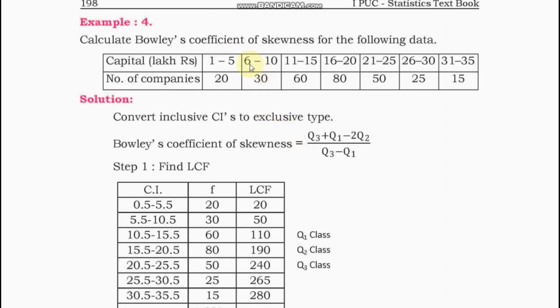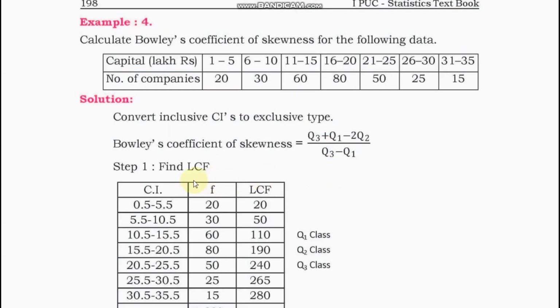In this case, 6 minus 5 divided by 2, which is 1 by 2, that is 0.5. So you go on adding 0.5 to the upper limits of all the classes, and you subtract 0.5 from the lower limits of all the classes.